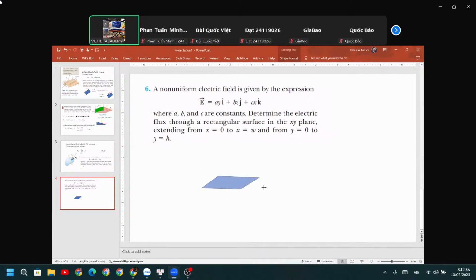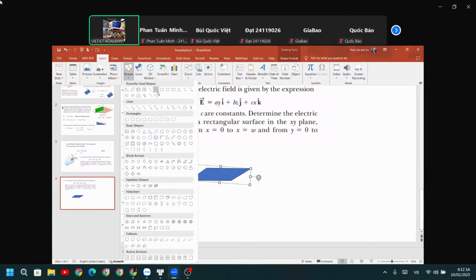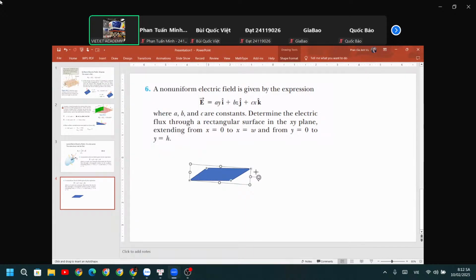Okay. It is in the X, Y. So this is the y axis. This is the x axis. So it's in the xy.